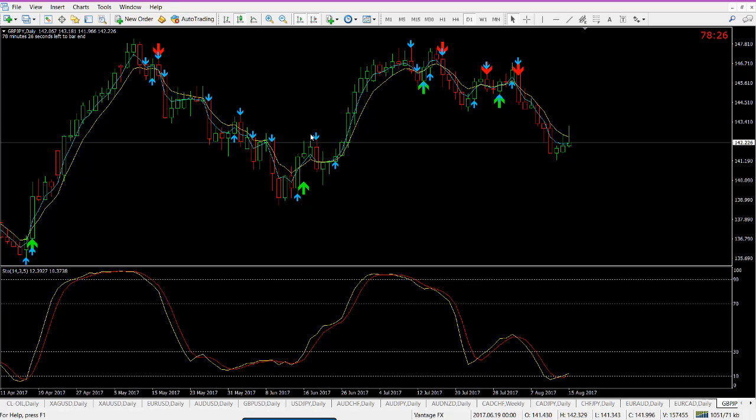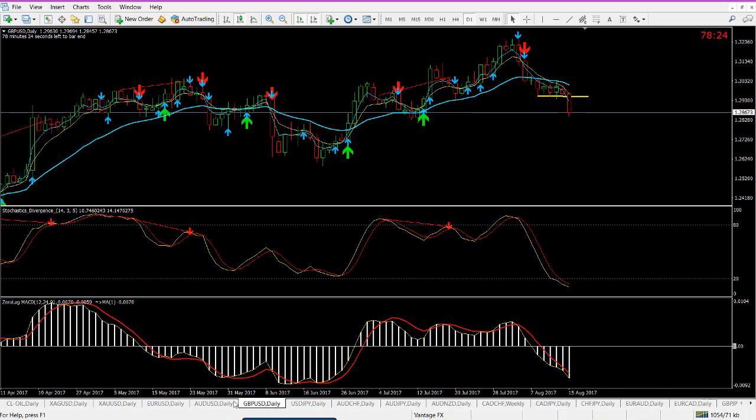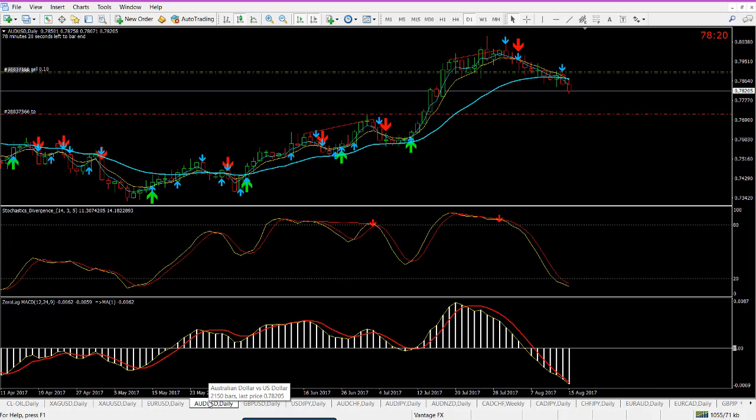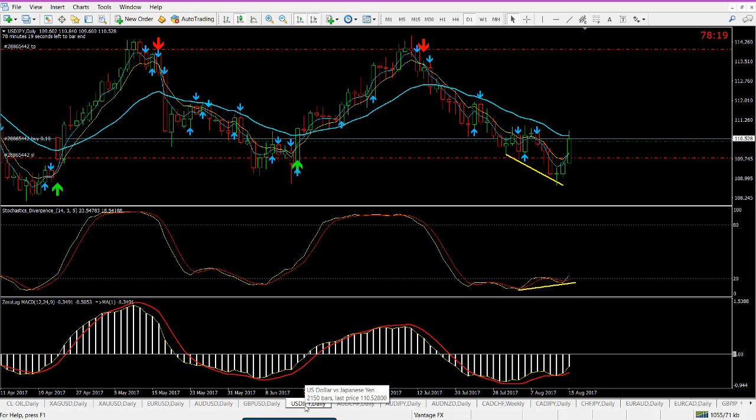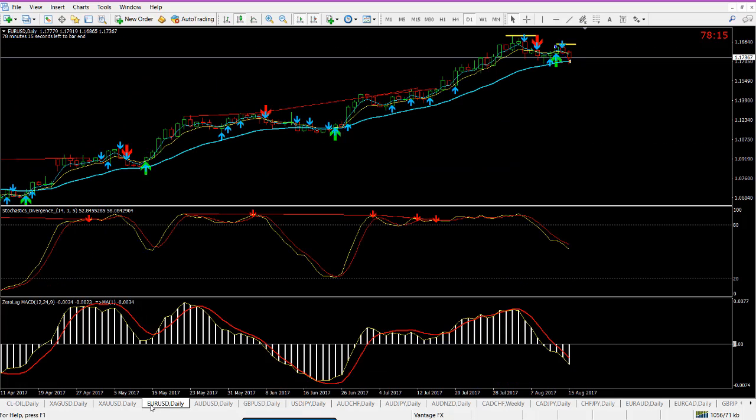This week's gonna end with this kind of trading. The market is fluctuating, not very strong moves, except GBPUSD and AUDUSD, and of course USDJPY. The rest are not that strong, especially EURUSD. So I wait for the next week opening. Next Monday I'm gonna go back and take a look to see what's going on.